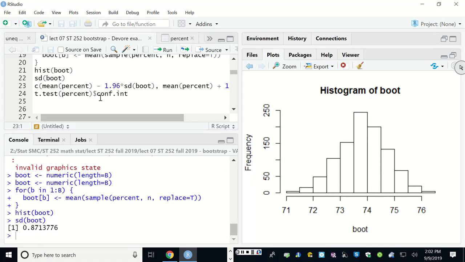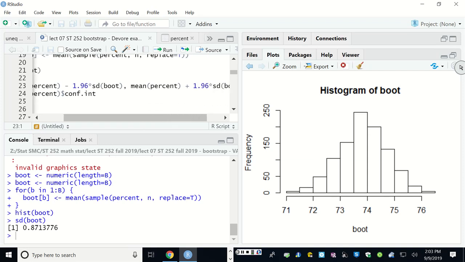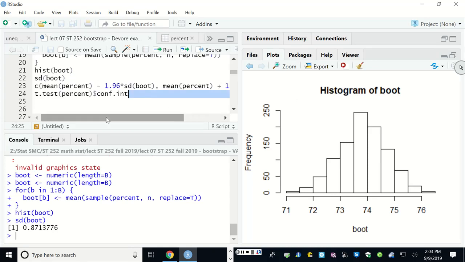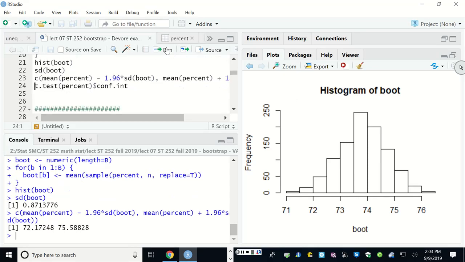And so my confidence interval is going to be the average, the x bar minus about 1.96 times that standard error, the standard deviation of the bootstrap sample, and the mean plus 1.96, kind of mimicking what I had in that normal example. And if I run that, it gives me about 72 up to about 75.6 as my average percentages. So I'm 95% confident.